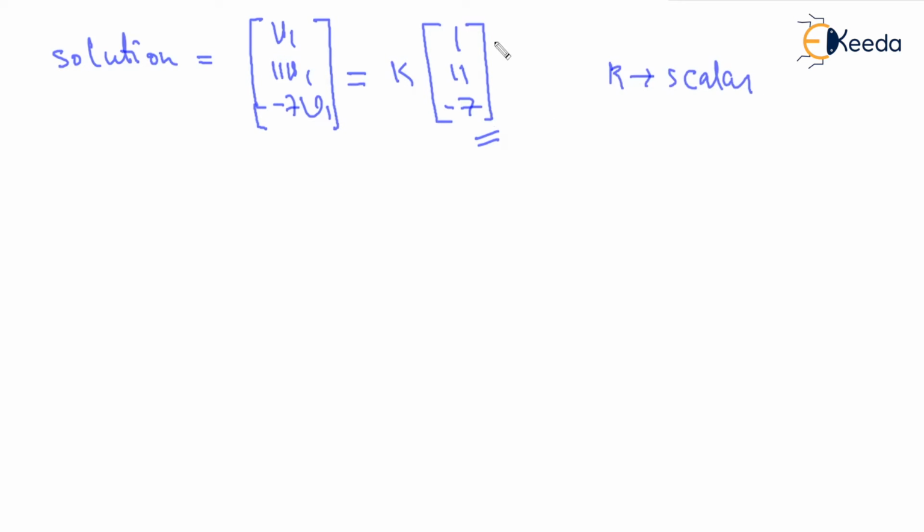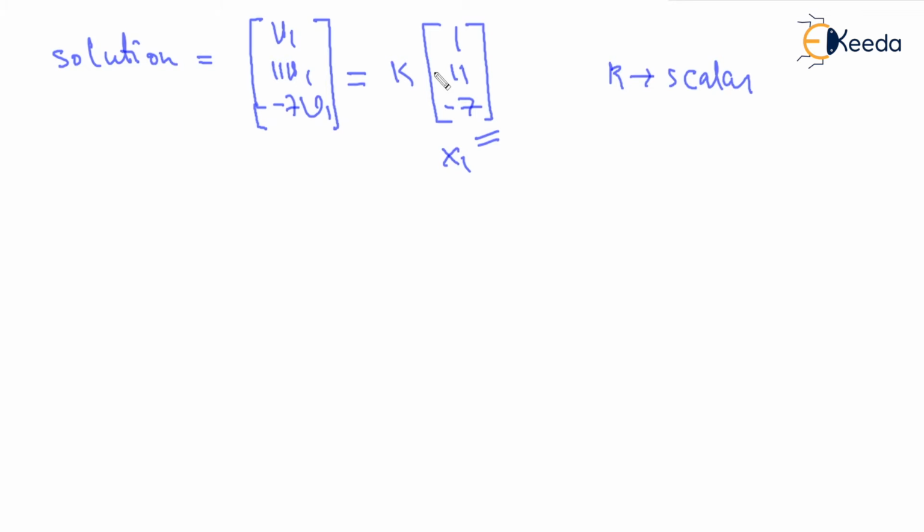All the multiples of this vector, let's say this is x1, are also going to satisfy the equations, and then we can say that this is the vector which will form the entire vector space satisfying the conditions provided.